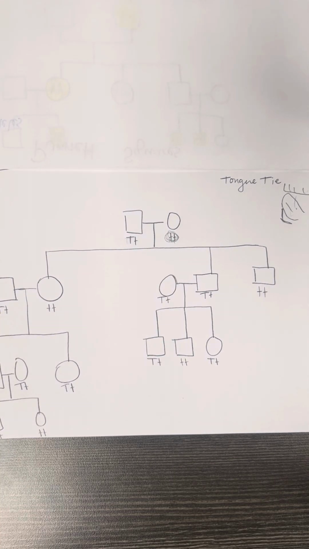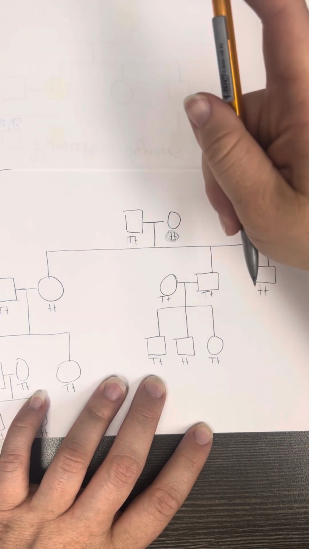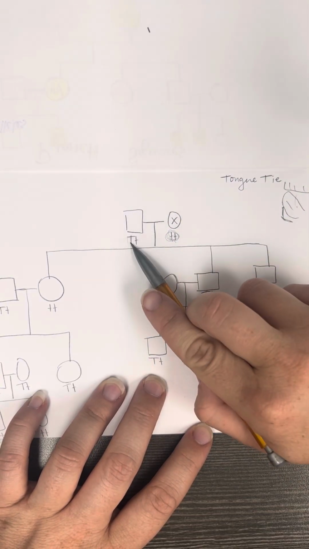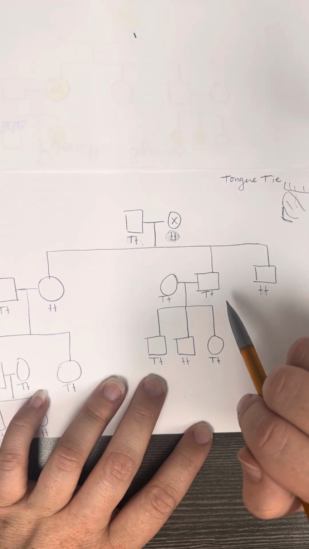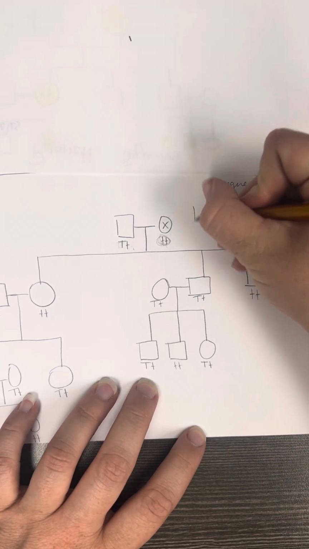So let's mark an X on all of these ones that have the gene. So mom here, she has it. Dad, he does not have it. He carries it though, right? Which means that there's a potential that their kids could have it.